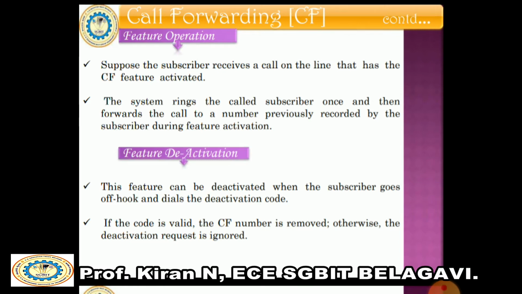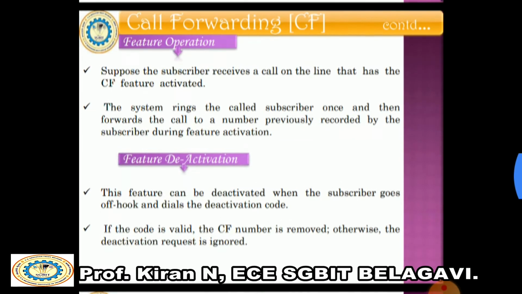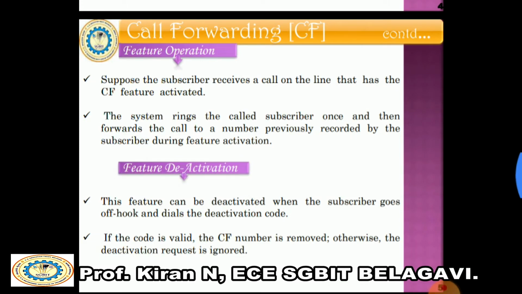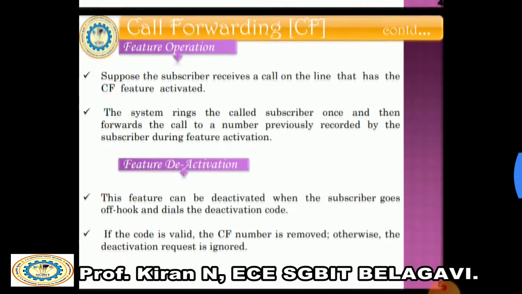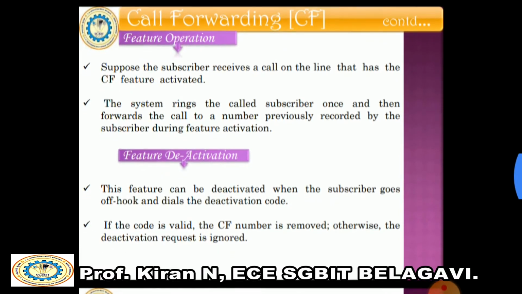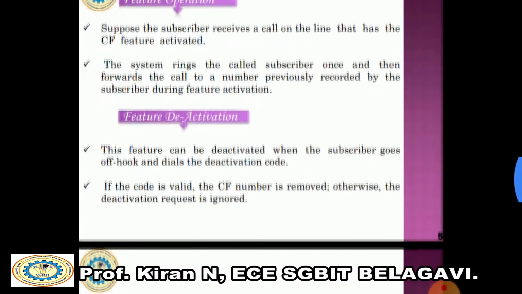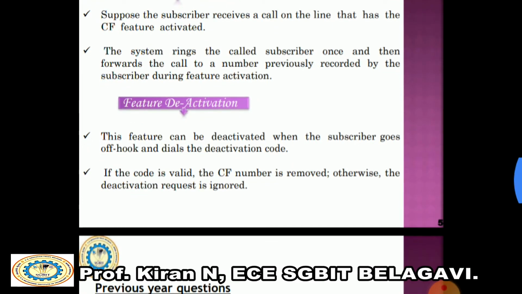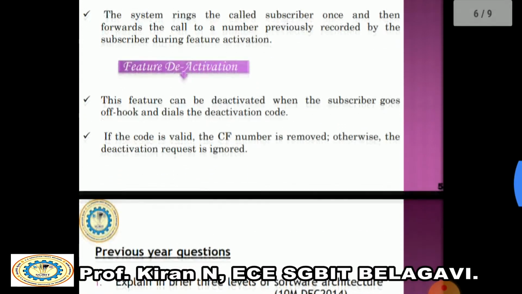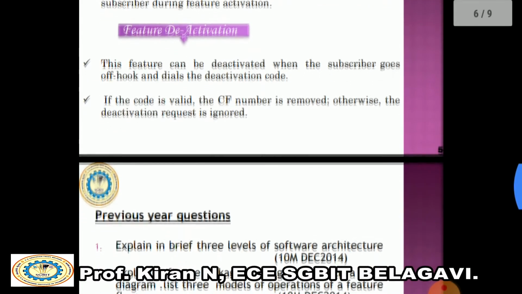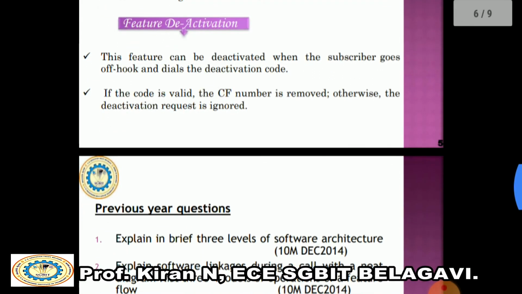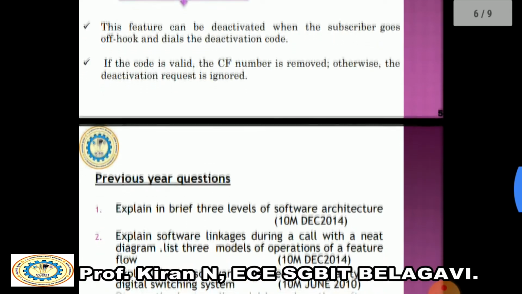Once he dials that number, it checks the validity of that particular number, whether the dialed number is genuine or is the unique identification code. If it exists, then it deactivates the feature. If, while checking the validity, the number does not exist, then it rejects the call forward deactivation. This is what we see in feature deactivation.